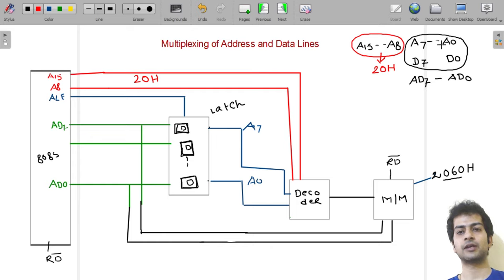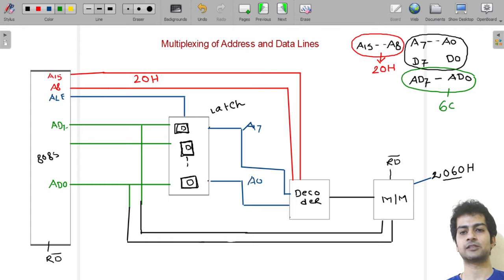But we are using this lower order address line as a data line also. That is, we are multiplexing it and we denoted it as AD7 to AD0. So now this 60H will get latched with AD7 to AD0.